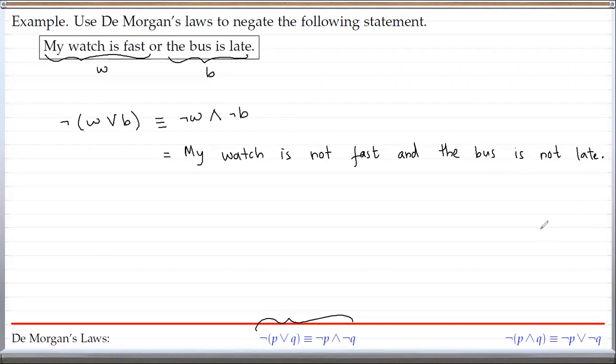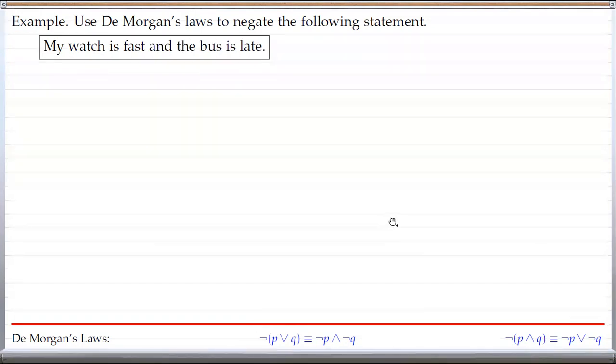This is the negation of "my watch is fast or the bus is late." The next example, which is very similar to the last one we did, combines the statements by "and." Again, let's denote the first part by W, the statement "my watch is fast," and the second part by B, the statement "the bus is late."